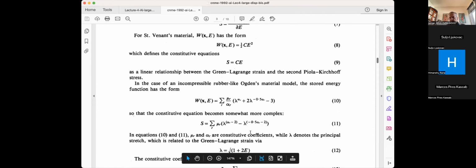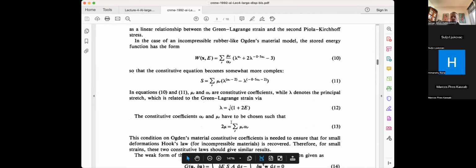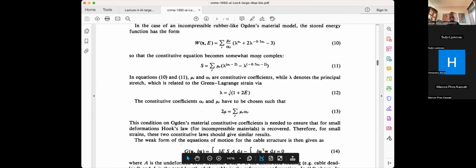And this is more precisely obtained for an incompressible type of material. So basically, I can obtain now the second Piola-Kirchhoff stress as a partial derivative of this with respect to strain, and given that lambda is equal to square root of 1 plus 2E, you can obtain the expression that is sitting here.